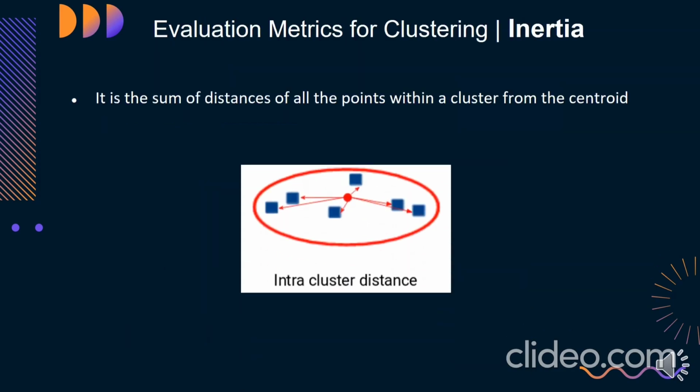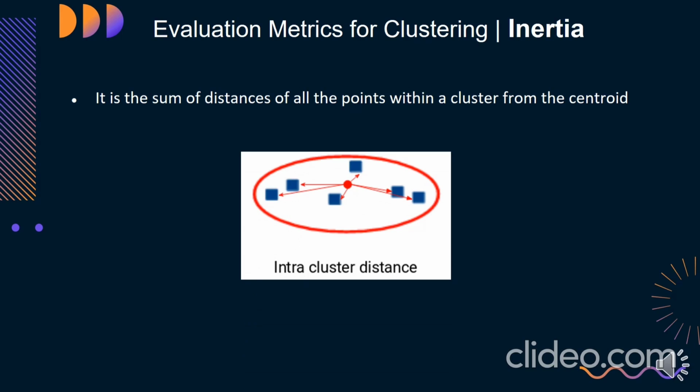Now, there are 2 evaluation metrics for clustering to assess the goodness of a given clustering model. The first one is inertia. Recall the first property of clusters we covered in a previous slide, that all the data points in a cluster should be similar to each other. This is what inertia evaluates. It tells us how far the points within a cluster are.